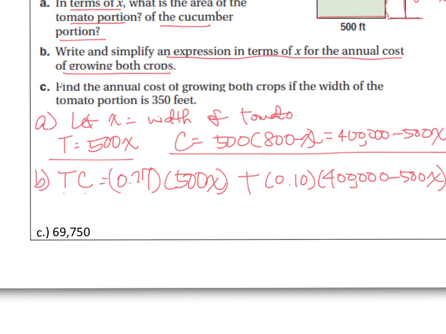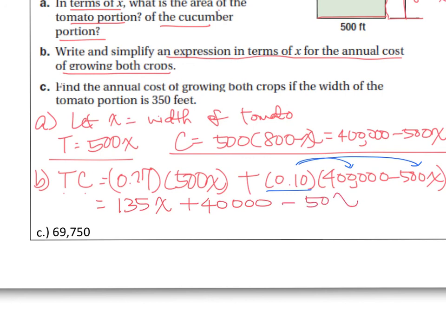And now we can simplify this expression. 0.27 times 500 should get 135X. And we need to distribute 10 cents into the difference of 400,000 minus 500X. Should get 40,000 minus 50X.